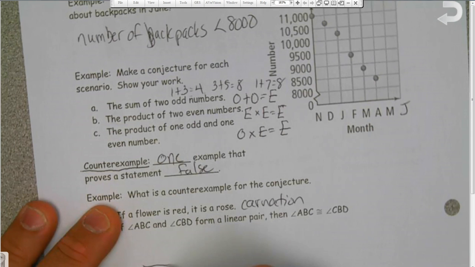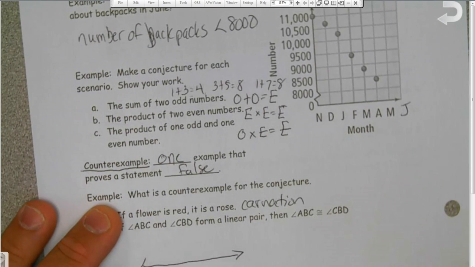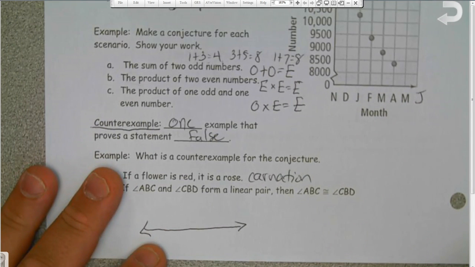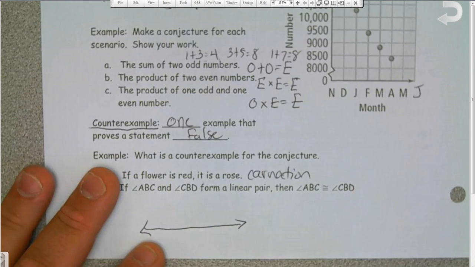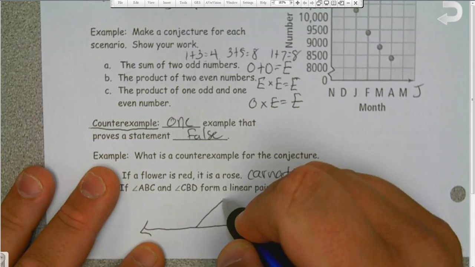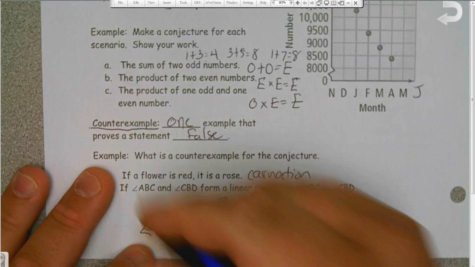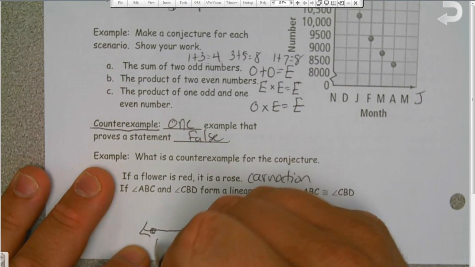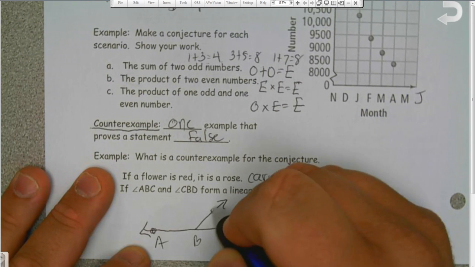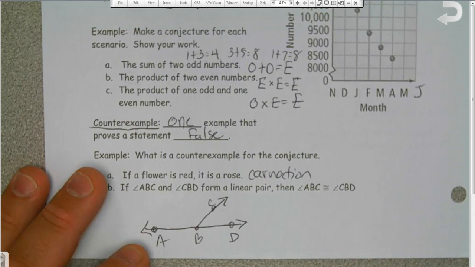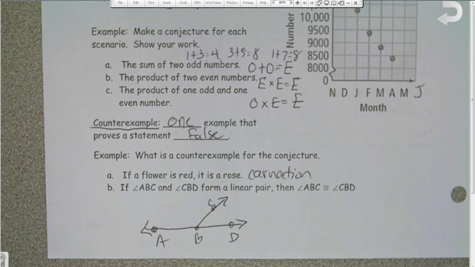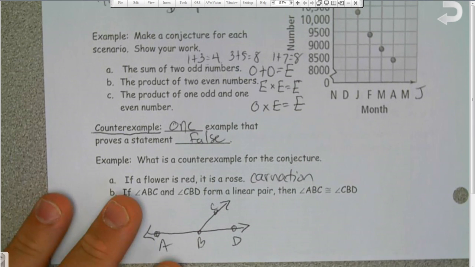So let's see the first perspective of, okay, our 2 angles form a linear pair. If we were going to draw them congruent, we'd have to draw this straight up and down, correct? But we're not, because this is a counterexample. So now ABC is not congruent to CBD. So that's our first example that proves the statement false.